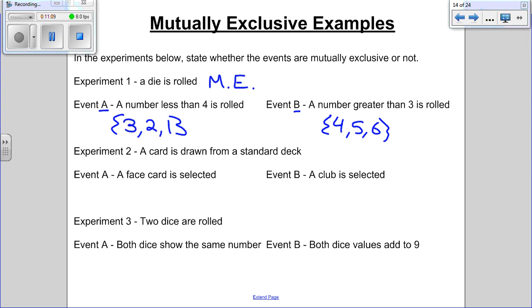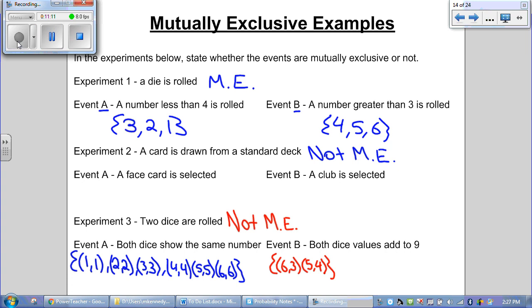So if we read experiment number 2, it said a card is drawn from a standard deck. The first event would be a face card is selected.